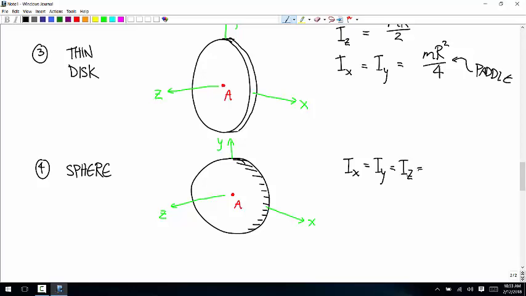And it is 2/5 mr squared. So if you have a disk and a sphere and they both have the same mass, it's easier to get the sphere rotating than the disk.